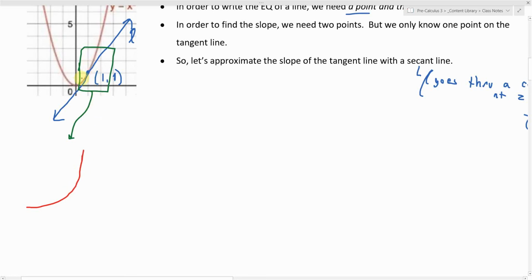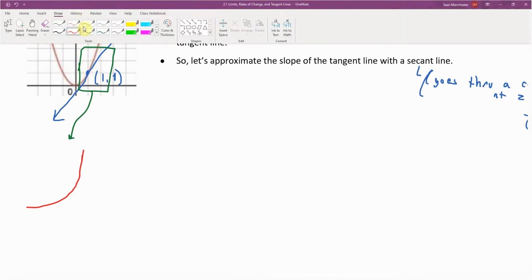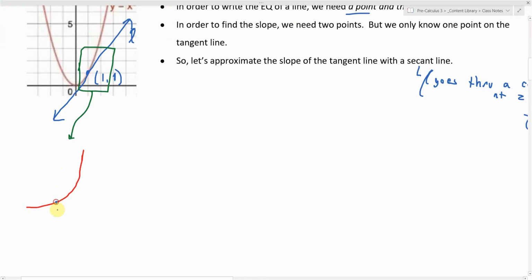And we have this red curve, and we know we have the blue tangent line, and I'm going to say it goes through (1, 1). So there's our tangent line L. That's what we're concerned with. And we're going to look at secant lines that also go through (1, 1), and then go through some other point on the curve.